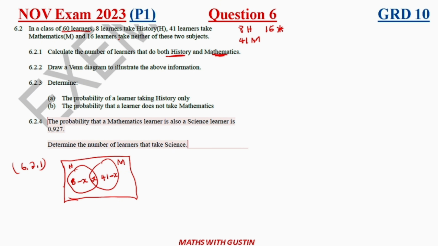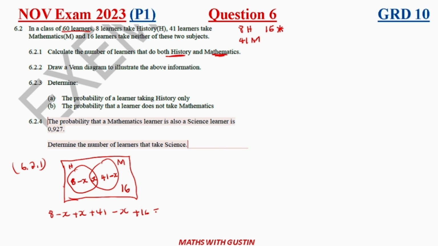Then it says here 16 learners take neither. So 16 learners do nothing, so they are going to be outside of our circles here because they're not doing any of the subjects. So they want us to calculate X. We know that if we add everything here, the total should be 60. So it's going to be 8 minus X plus 41 minus X plus 16.